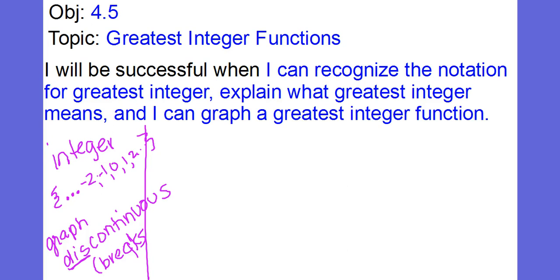An integer is a whole number or a negative whole number. If it's considered an integer, it does not have a part of a number, doesn't have a fraction of a number, doesn't have a decimal portion of a number. An integer's definition is that it is a whole number or a negative whole number.